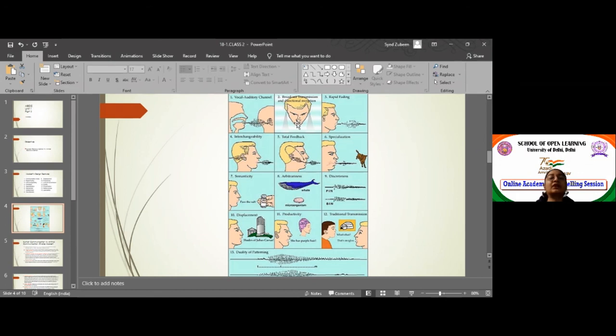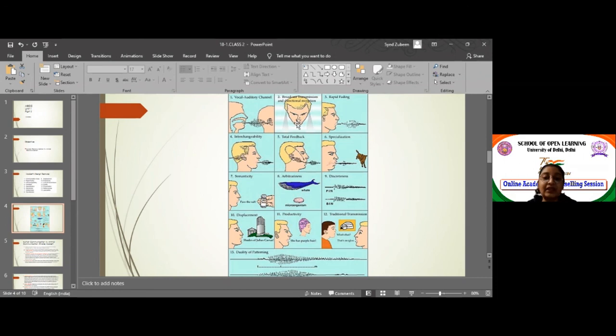Arbitrariness. The words that we assign to different things may not mean or look like those things that the words have been assigned to. Then discreteness. If we emphasize or underemphasize any particular word, the meaning of the word won't change. If we say boys, the quantity of the boys won't change.